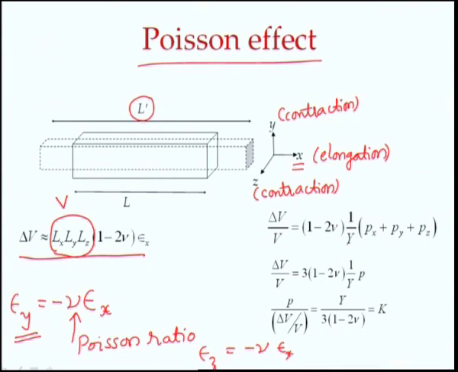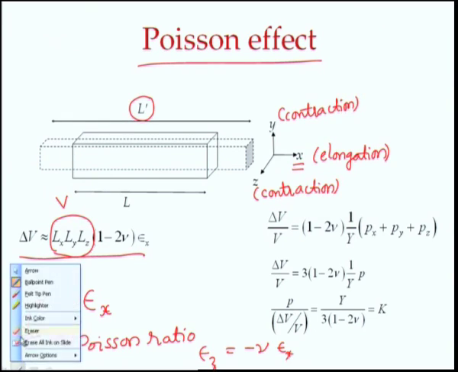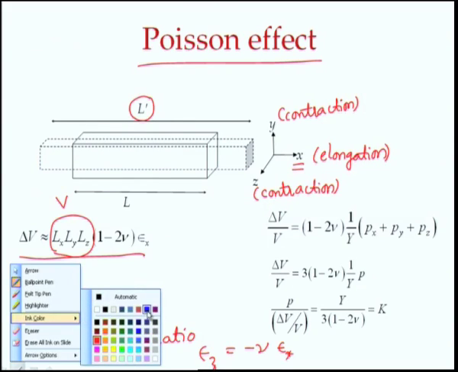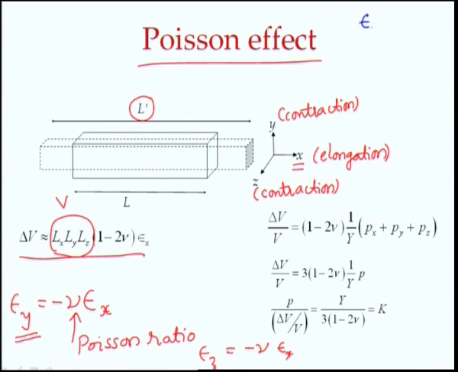Here what we have done is we have taken the strain. So, now strain, okay, we have the strain epsilon x is equal to the stress, that is sigma x divided by Young's modulus.